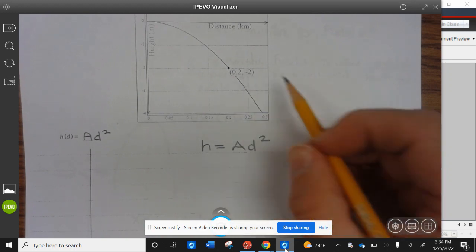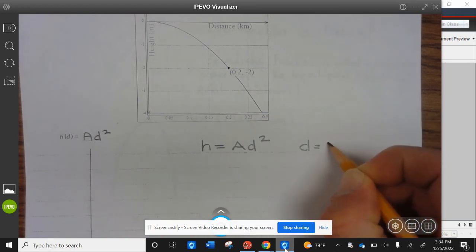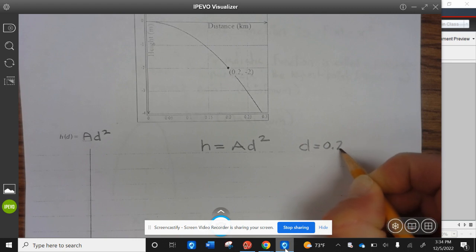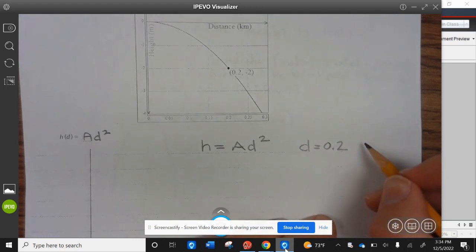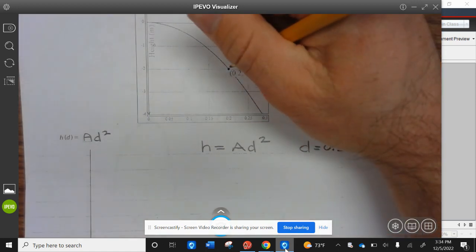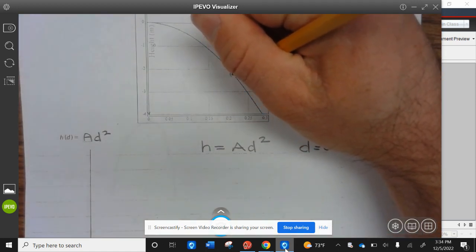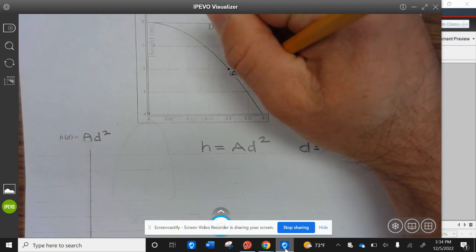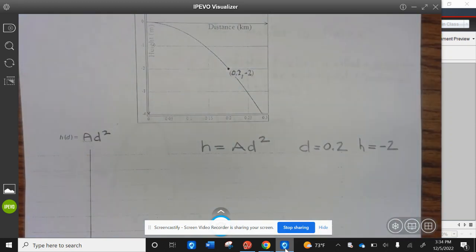Now our d value is 0.2 and our height is -2. It's a little faded, but that's 0.2 and that's -2. All right, so we plug these numbers in.